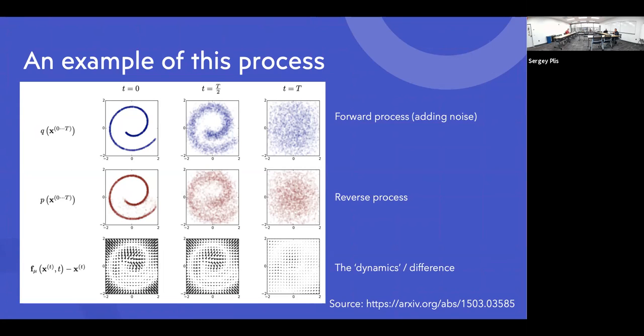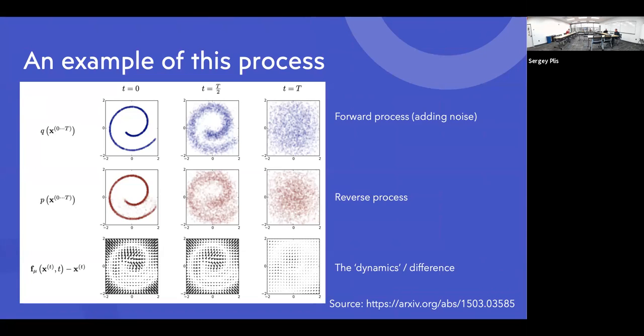So p of x from 0 to T, that's their model predicting back. Let's say we have 10,000 points on the right, the red, the middle part. You sample 10,000 points from a normal distribution, and then recursively, in big T steps, we can recover the original data by recursively predicting the noise and subtracting that from the image.